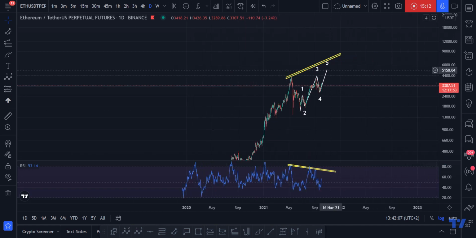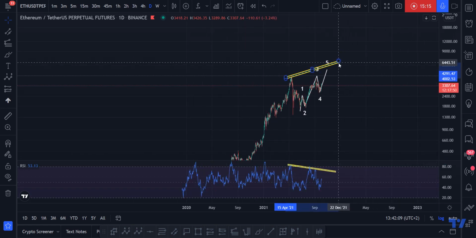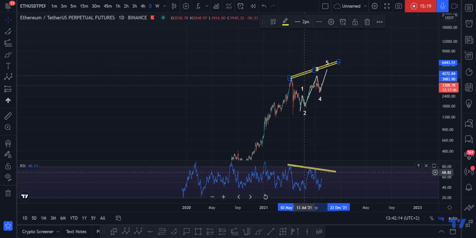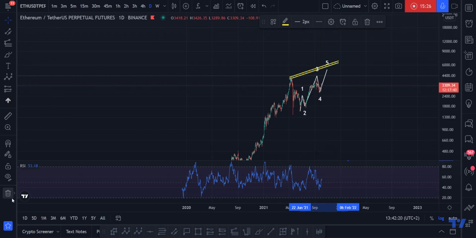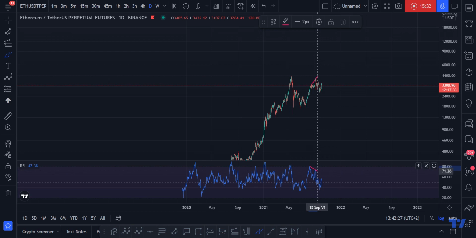So this will be the triple divergence, because we had the first one here. I'm going to take it out because this is not showing well. We had one here, right?